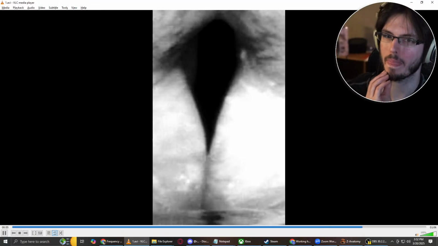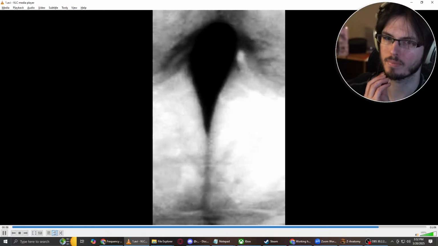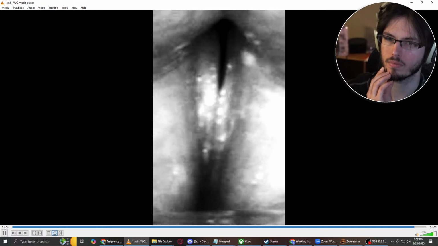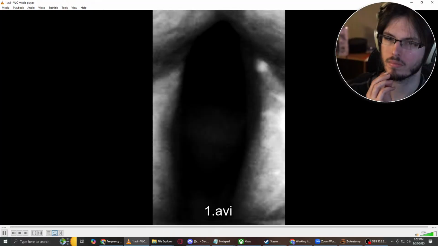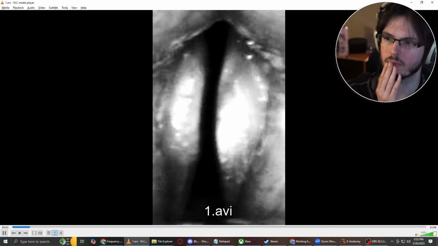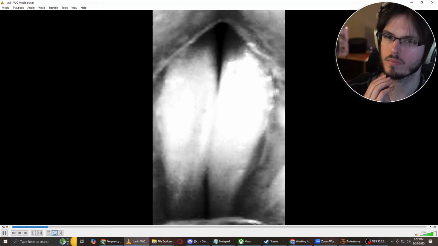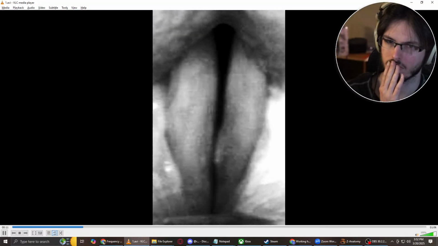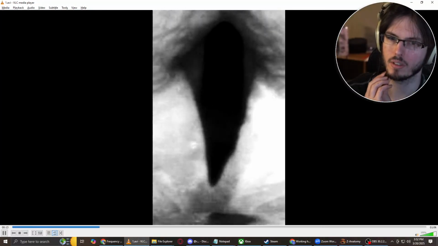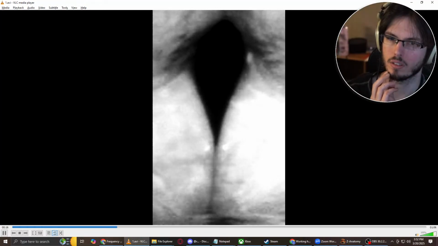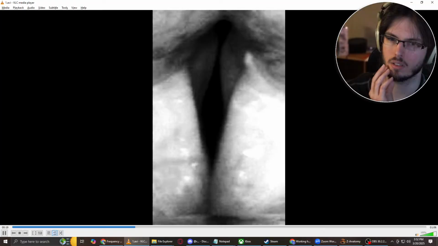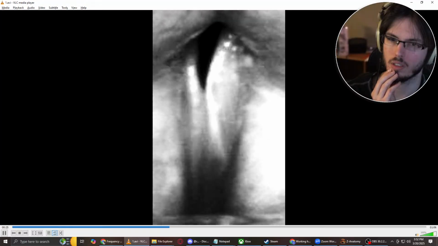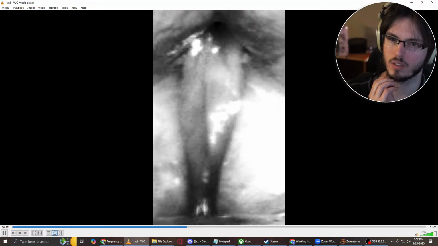If you look closely, you can see that the false vocal folds are doing two actions: a small movement in, and then a larger movement in. They do their half movement in when the vocal folds close, and then their full movement in when the vocal folds are open.